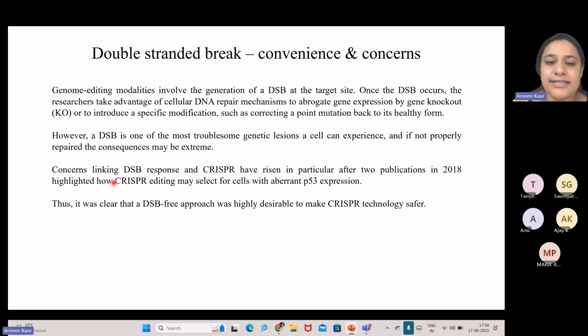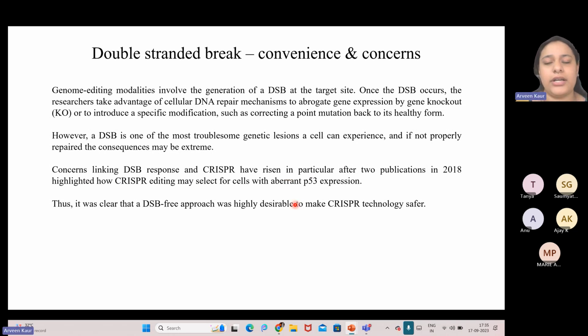There were concerns linking the double-stranded break response and CRISPR that have risen in particular after two publications in 2018, which highlighted how CRISPR editing may select for cells with aberrant p53 expression.